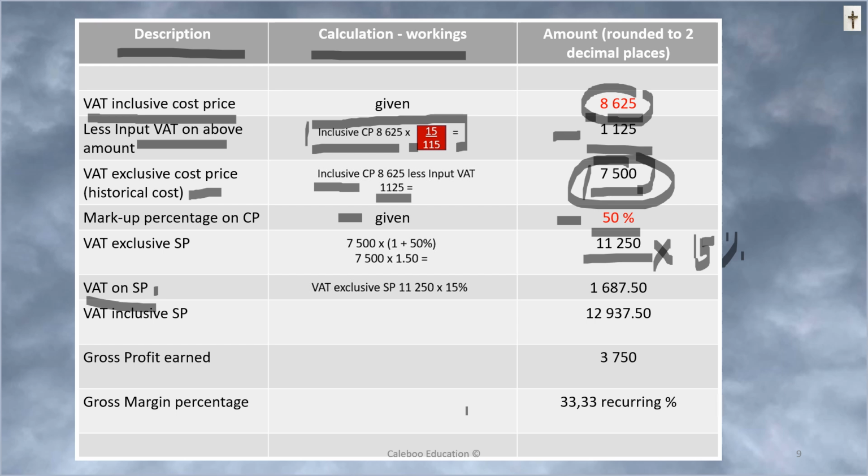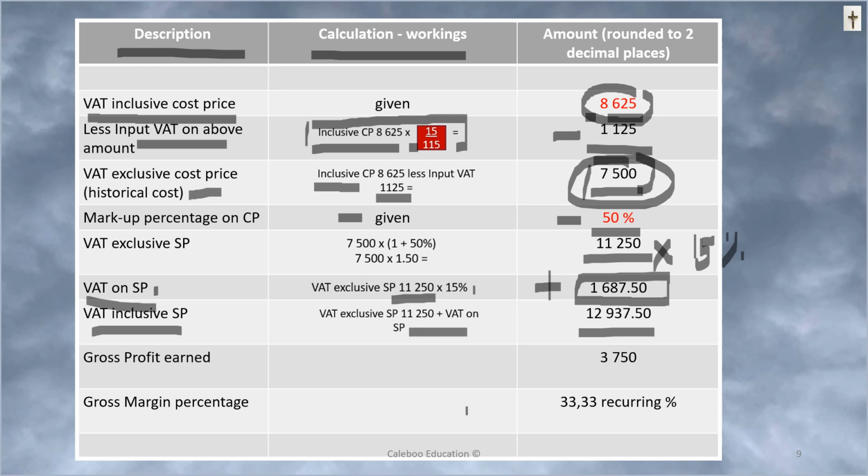I was thinking of going straight to the inclusive amount, but more about that in a moment. So if I want just the VAT, I multiply by 15%. The selling price, excluding VAT, multiplied by 15% is 1687 and 50 cents.